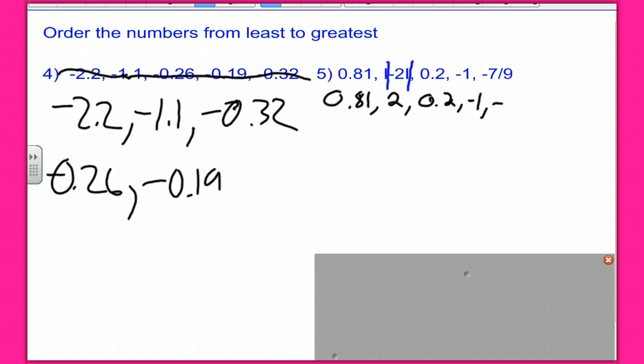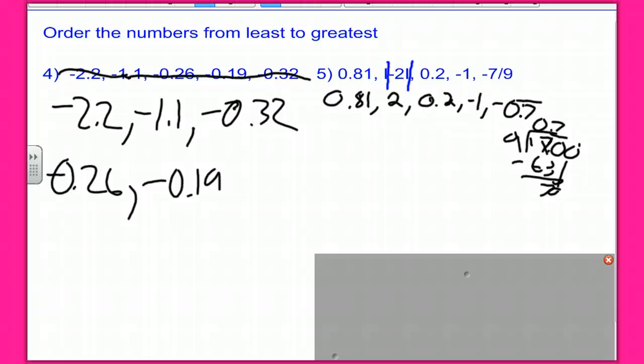-7/9. Okay, so good. She just changed the one fraction to a decimal equivalent by doing the division.